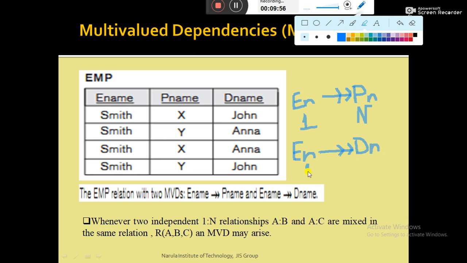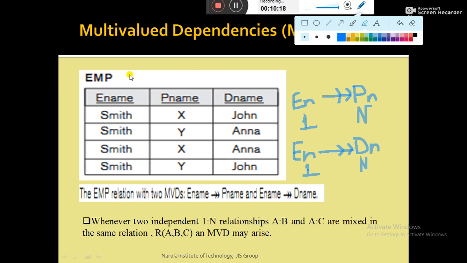Again it is a 1:n relationship. Why? For one value of en, we have n number of dn. For example, if the ename is Smith, how many dname values are there? John and Anna. So here n is 2, and n may be 2, 3, 4 like that.